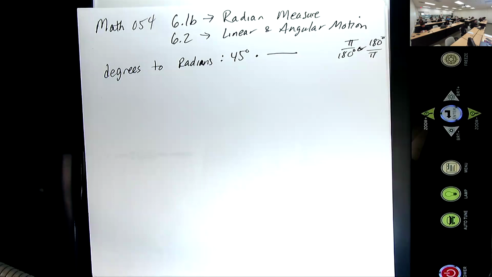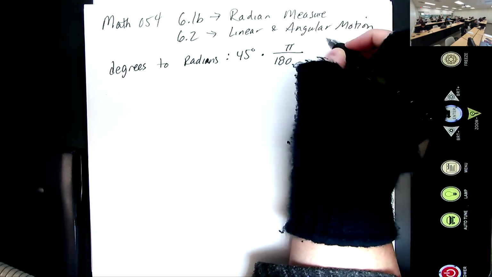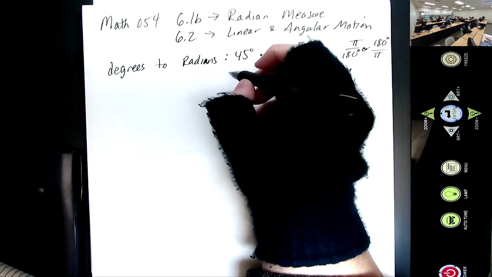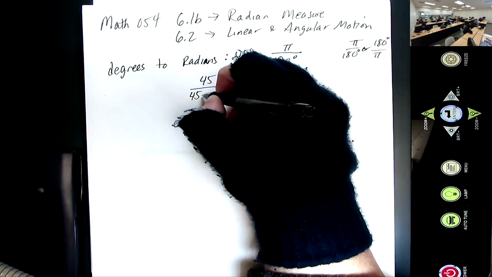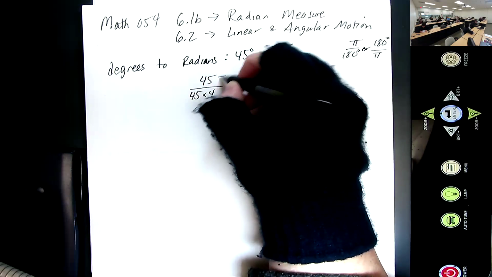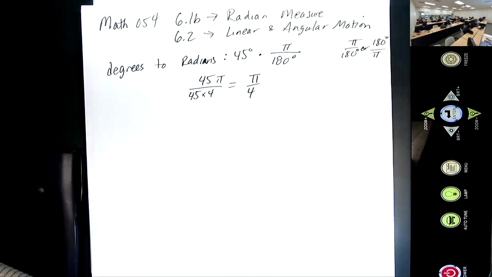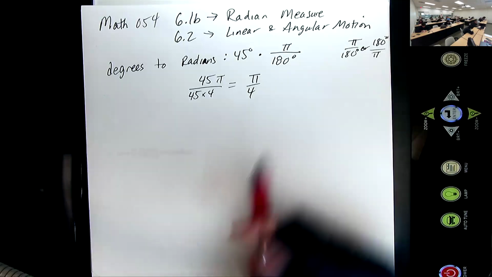Whichever you're trying to get rid of, you want that on the bottom. We're trying to get rid of degrees here, so I'm gonna put the 180 on the bottom, pi on top. And so 45 over 180, 180 is 45 times 4, and this reduces down to pi over 4. So we had a way to convert between degrees and radians. You multiply by that.